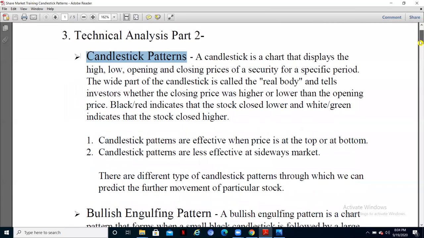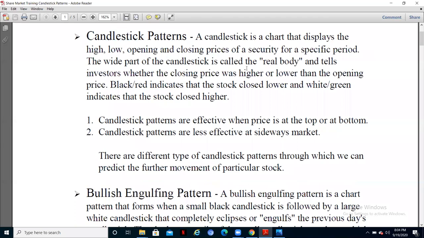So first of all, candlestick patterns are basically the reversal patterns. Reversal pattern means whenever or wherever any of these patterns appear, or in case you identify any of the candlestick pattern anywhere in any trend, that is a sign of reversal, which means that particular stock may reverse from there, can reverse from there.